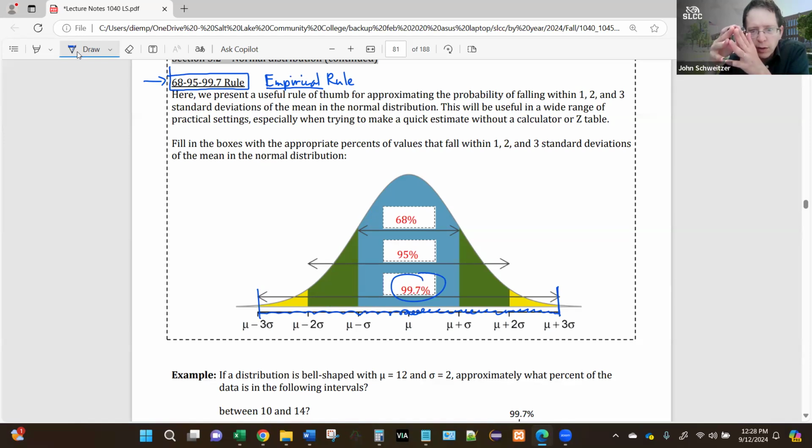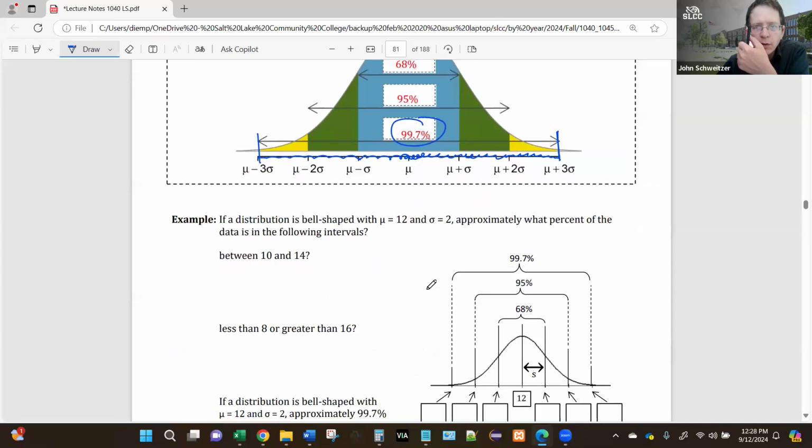There are some people who are extremely tall, or extremely short, or extremely light or extremely heavy. There are people beyond 3 standard deviations, but it's a very small part of the distribution. So that's called the 68, 95, 99.7 rule. It's a great way of getting a quick segmentation for your population.